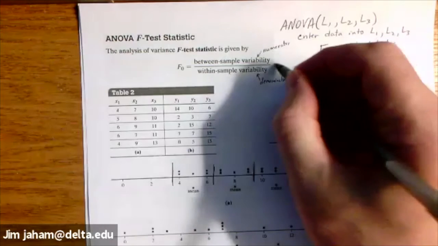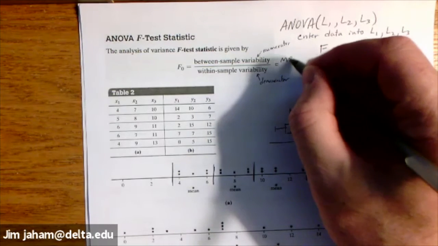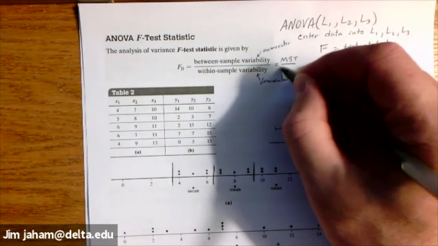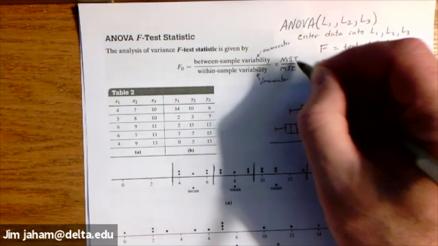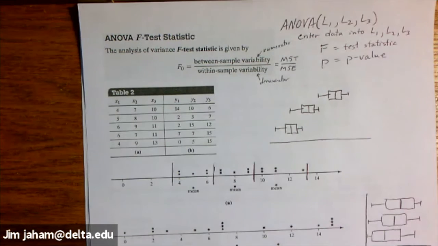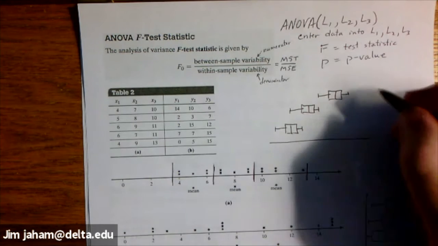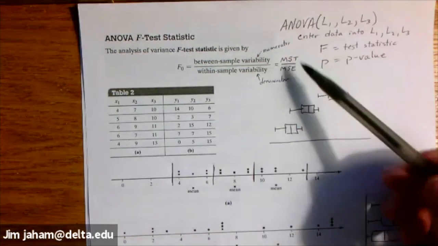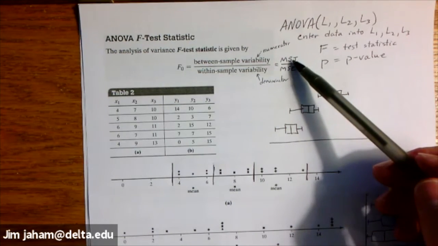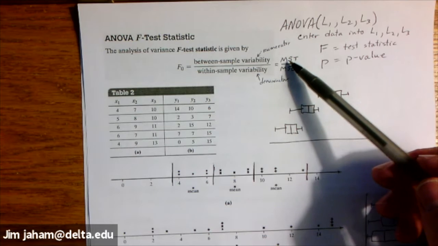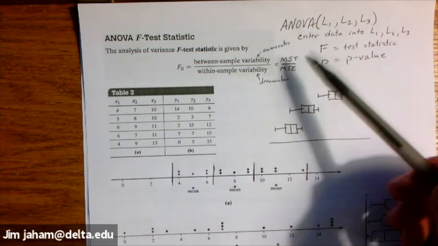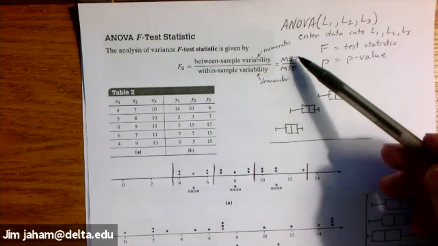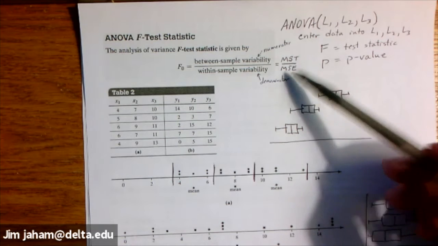We're going to call this the mean square treatment divided by the mean square error. So you're going to see these variables. And these are like variances, and the reason it's called the analysis of variance is because to calculate this test statistic, we're actually going to be using some variances.